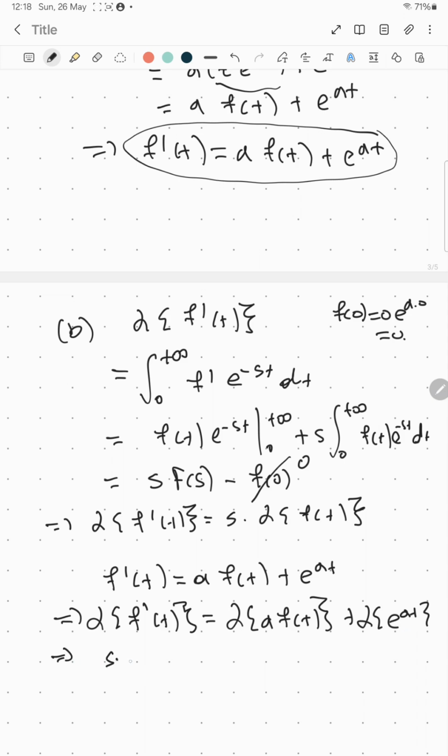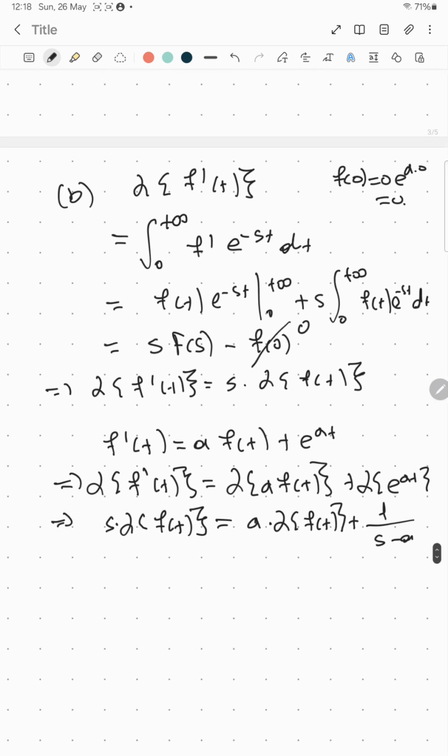This is s times the Laplace transform of f of t equals a times Laplace transform of f of t plus 1 over s minus a. This is the Laplace transform of the exponential function.